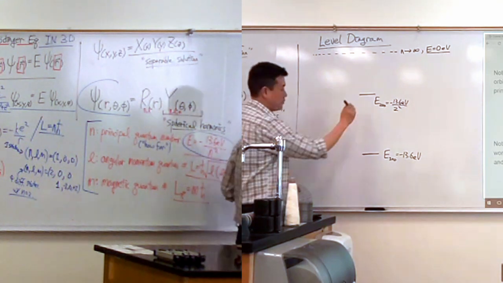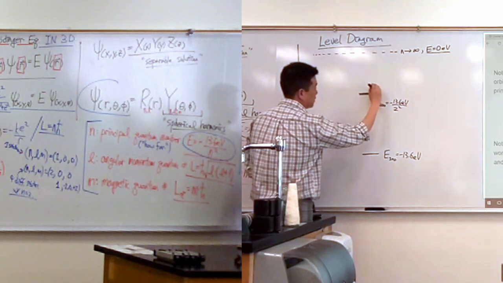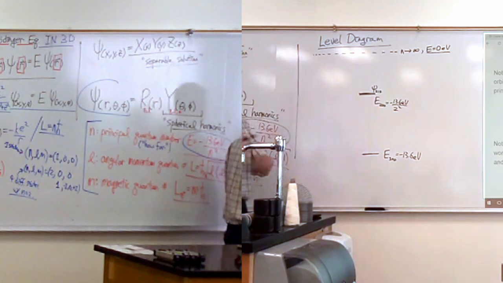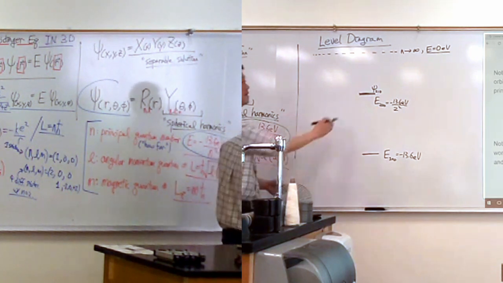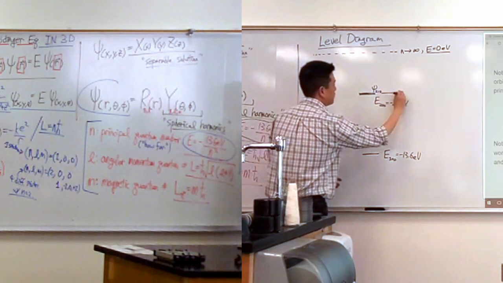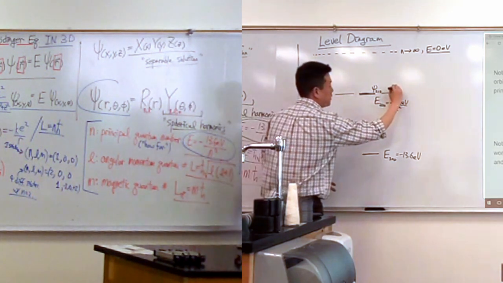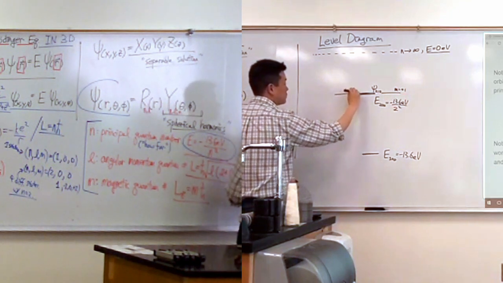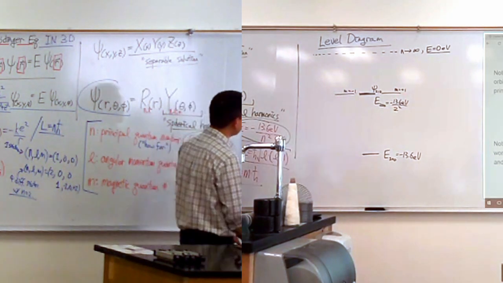So I'm going to draw them all kind of more or less on top of each other. The wave function 210, zero projection along the axis. And then I'm going to have two different states to the side, where m equals plus 1 and m equals minus 1. Let me draw just one more.